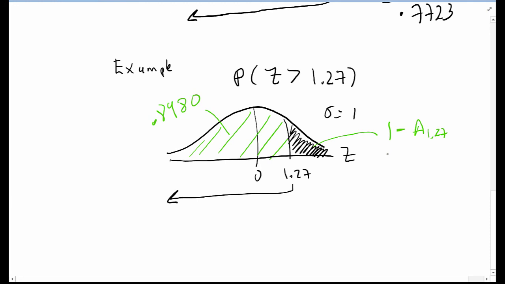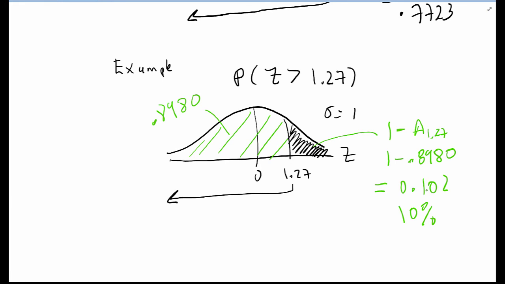That will be 1 minus 0.8980, and that gives us 0.102, about 10%. So about 10% of the values are in the tail.